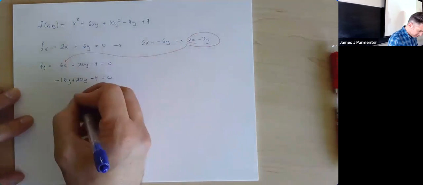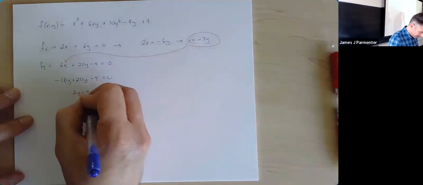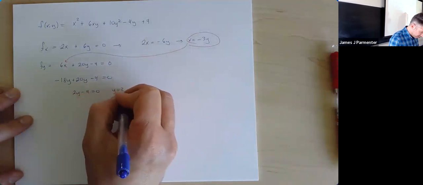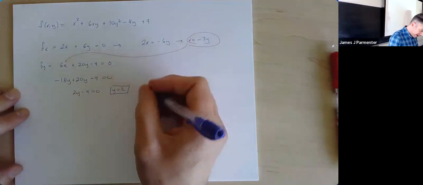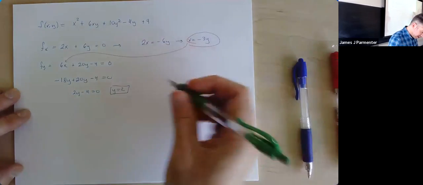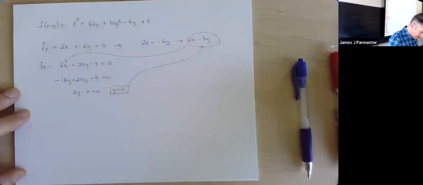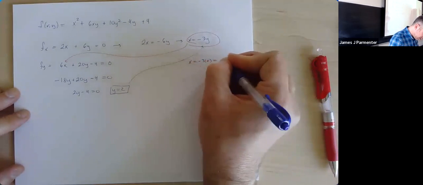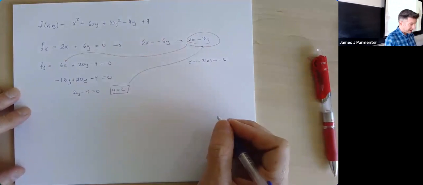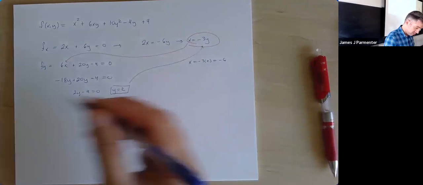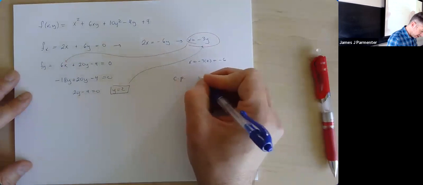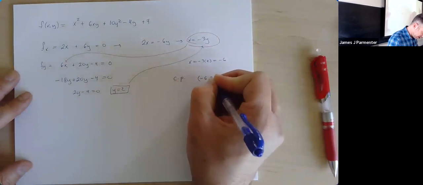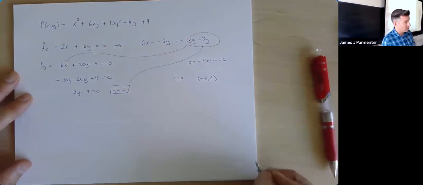So I've got 2y minus 4 equal to 0. So I've got y equal to 2. And then I plug that value back into the other equation. I say, oh, well, if y is 2, then x is going to be negative 3 times 2, which is negative 6. So my only critical point here is negative 6, positive 2. That's it. It's the only one.